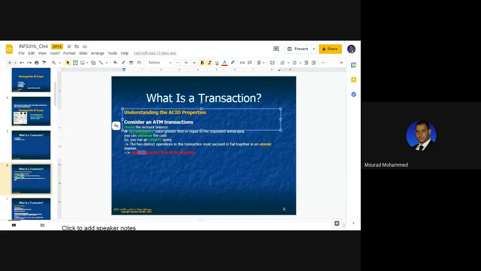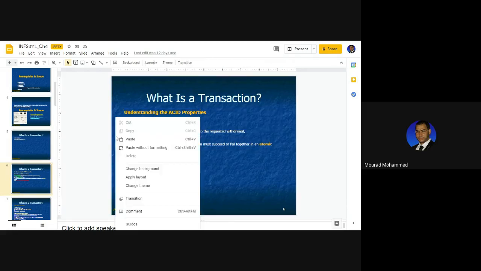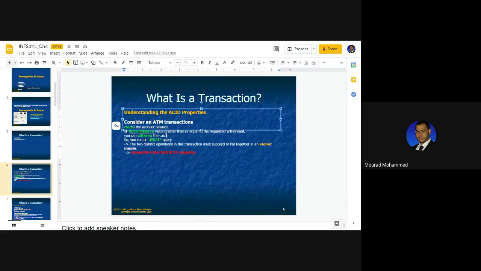Because if it is not happening like that, it means they are not atomic. It might then be possible to draw the cash without making an update. You validate yourself, the balance is available, you receive the money, and an electrical short circuit happens.